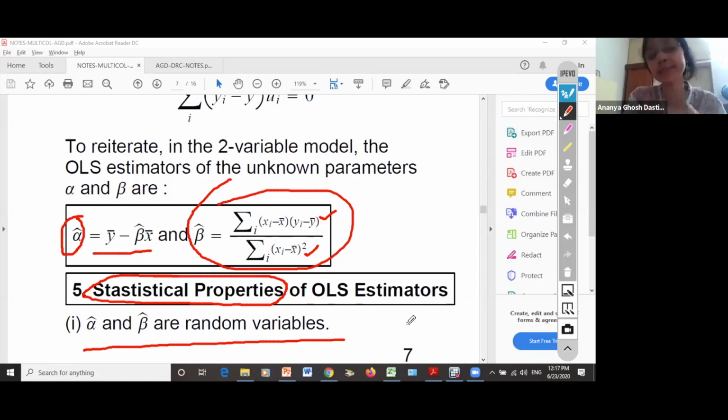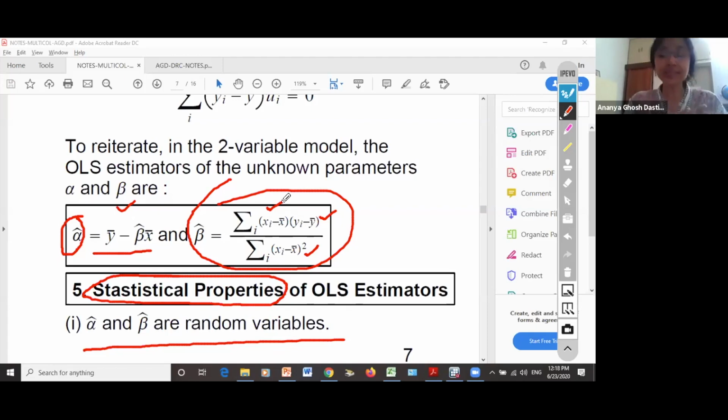Now look at alpha hat and beta hat on your screen. So a basic fact of life again is that a function of a random variable is also a random variable. So alpha hat and beta hat, which are our estimators, are functions, as you can see on the screen, of y and x, which are random variables. They are also random variables.